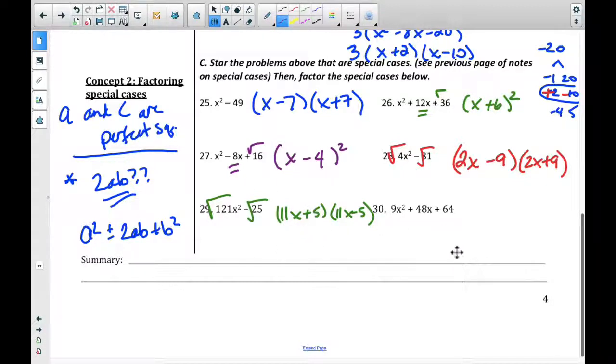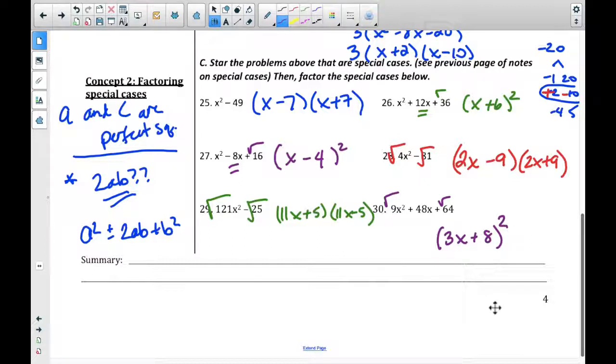Okay, similar thing on number 30. It's a little bit more complex because we need to square root all of that. So it's a trinomial. It's perfect squares. Let's talk about the 2ab at the end. So I'm going to guess that this is a 3x. They're all pluses, so this is a plus, and that's an 8.